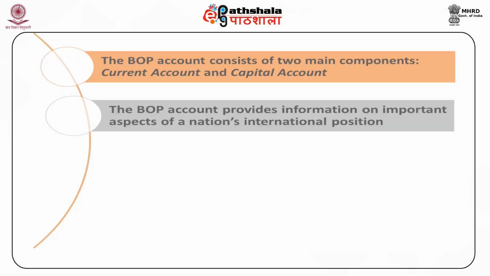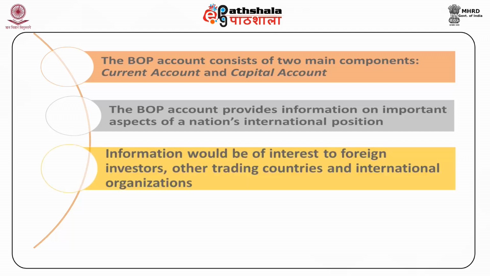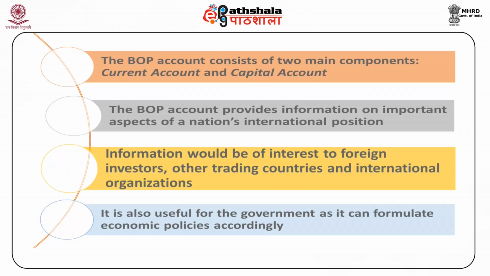The balance of payments account provides information on important aspects of a nation's international position, for example, whether it is a net debtor or a net creditor country. Such information would be of interest to foreign investors, other trading countries, and international organizations. It is also useful for the government as it can formulate economic policies accordingly. In what follows, these issues are discussed in detail.